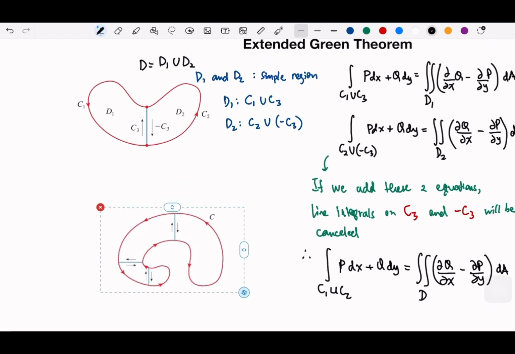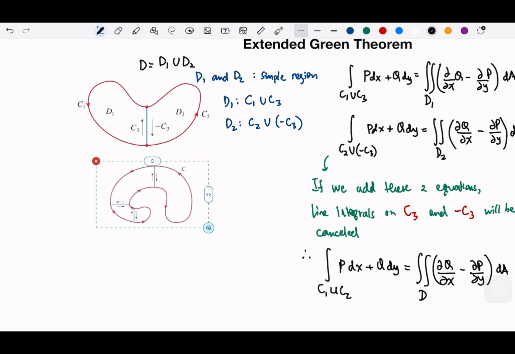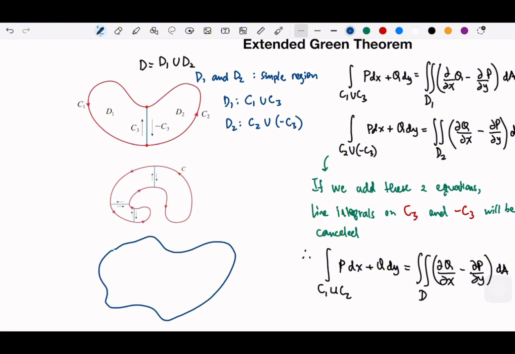For example, if we have a hole, like here, this is our D, and suppose that the outside curve is C1, and we have another curve making the hole, C2.